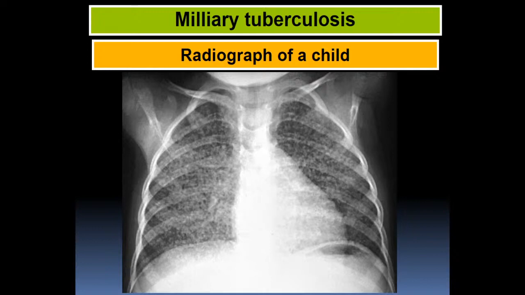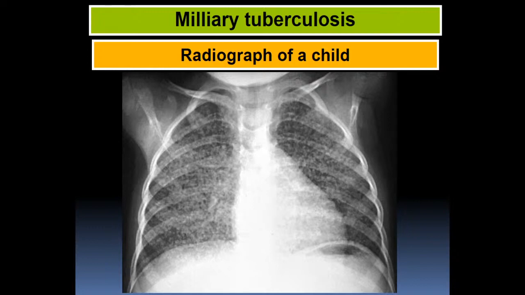Sizes of focal shadows in this form are from 1 to 3 millimeters, not more than 3 millimeters, usually up to 2 millimeters. That's why the focal shadows are the same in size, the same in density.